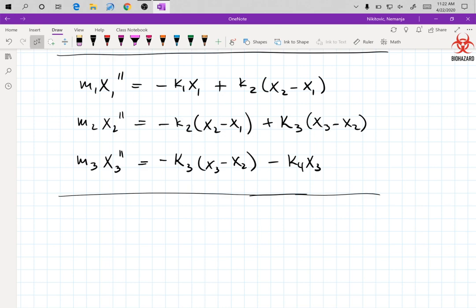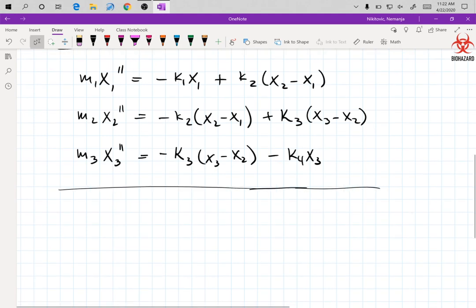And now let's make them into vectors and matrices. So to put all of this into a single system, we are going to have to distribute and collect x1s and x2s and x3s, which would create a matrix.